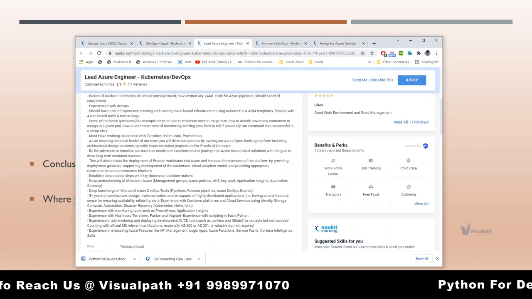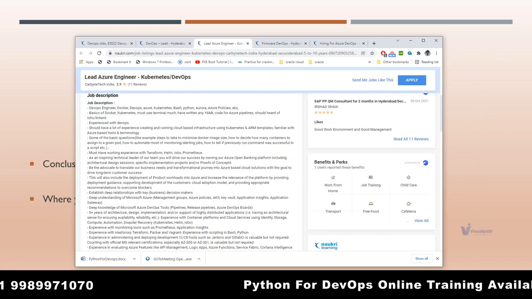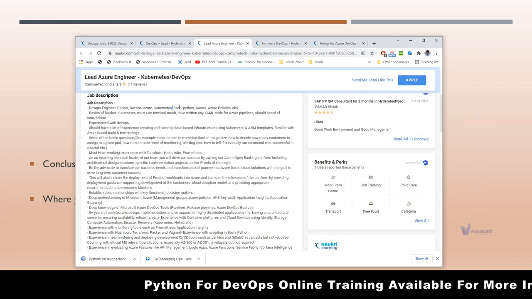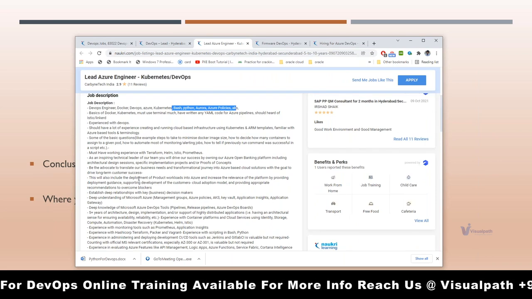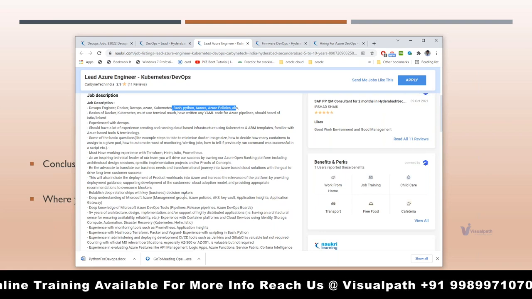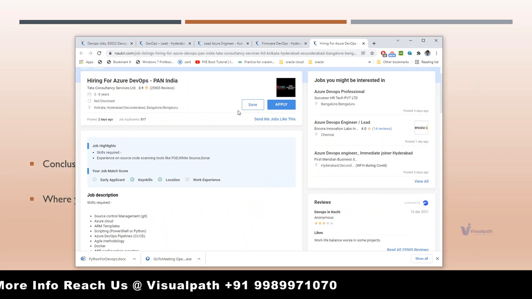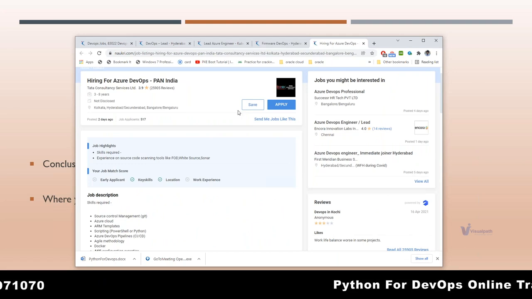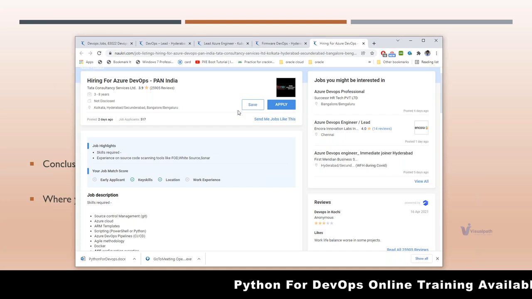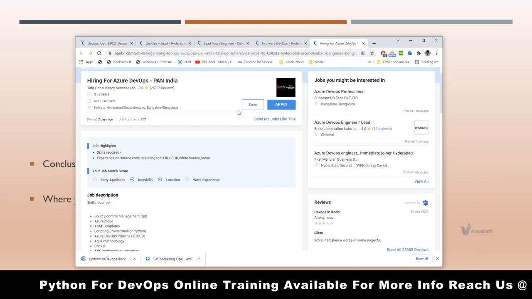I have picked up the first five DevOps architect postings. Again, they are asking for Python with respect to admin work, some Terraform, and Kubernetes. Likewise, you can go through the portals and see what the job requirements are, and you can have a better understanding of how important programming is for DevOps.